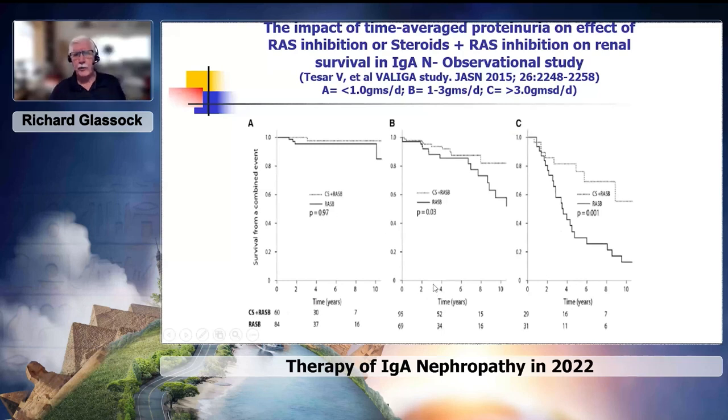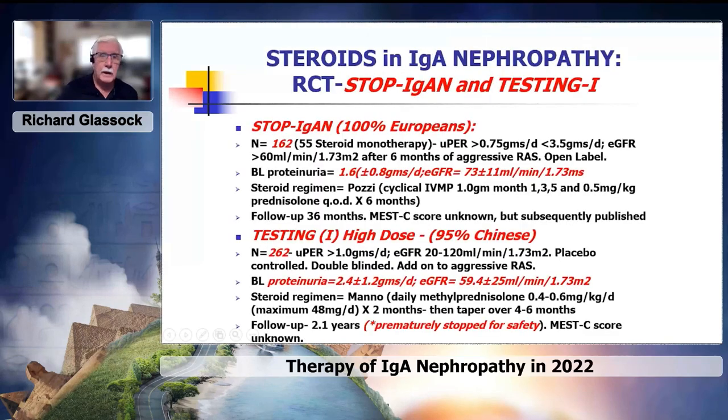If the proteinuria is between 1 and 3 grams per day, there's no benefit for the first 5 years. But after that, there appears to be a greater drop-off in patients treated with RAS inhibition alone, and those who have greater than 3 grams of proteinuria. The benefits of adding steroids are evident very early in the course of disease.